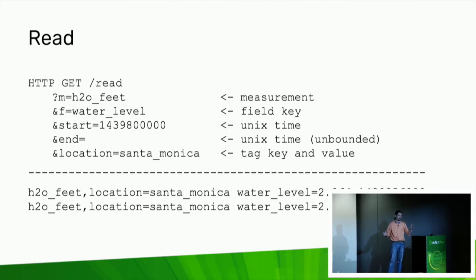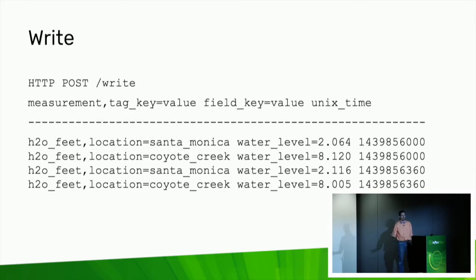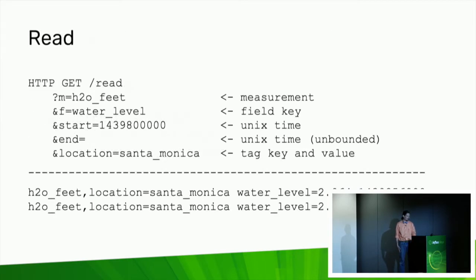We have a start time, but in this case no end time, so we're unbounded on the end time. And then a bunch of tag keys and values, in this case, location Santa Monica. So if we were to write these 4 points from the previous slide and then read them back with this query, we should expect those 2 points to come back, okay?